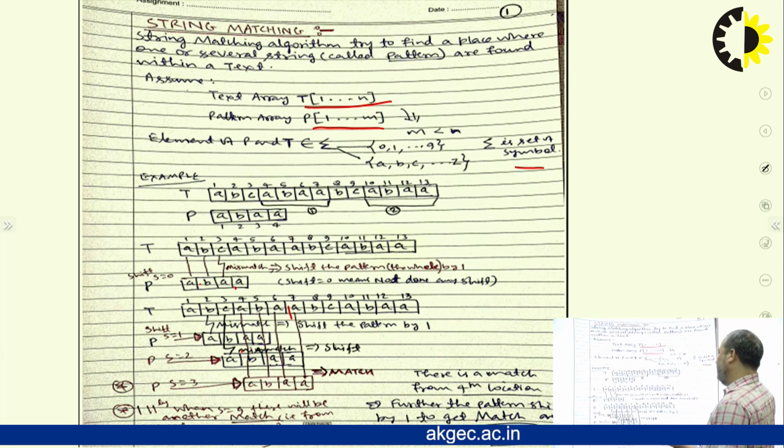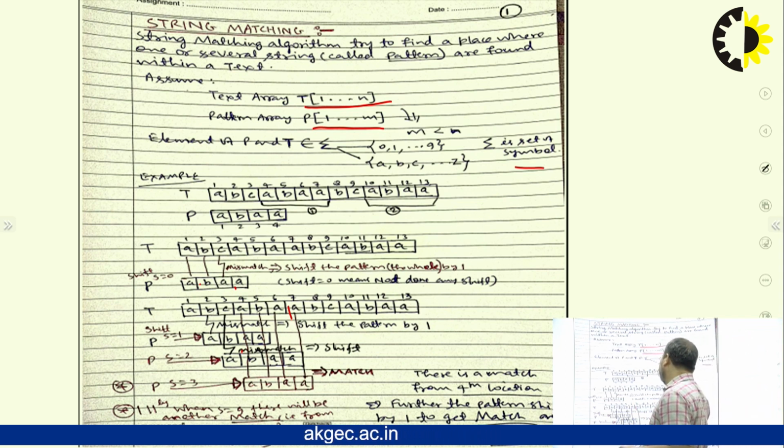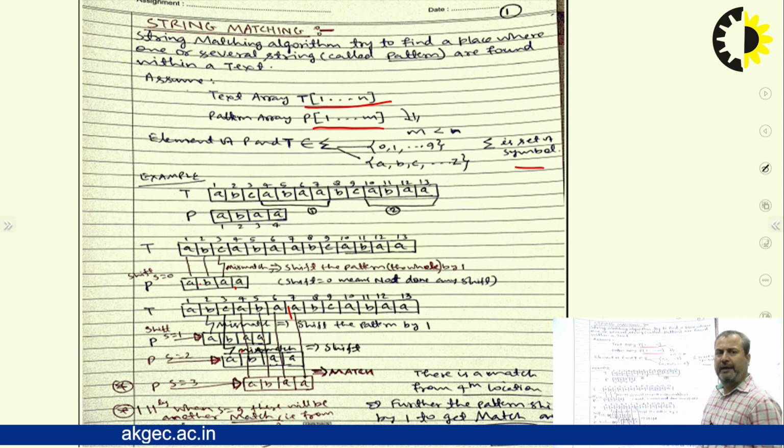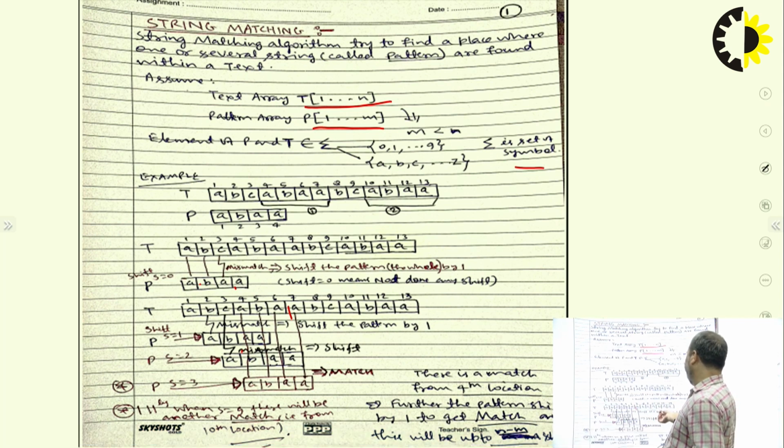Similarly, when S equals 9, there will be another match. So the first match is at S equal to 3, and the second match, again ABAA, comes after we shift further, to S equal to 9.